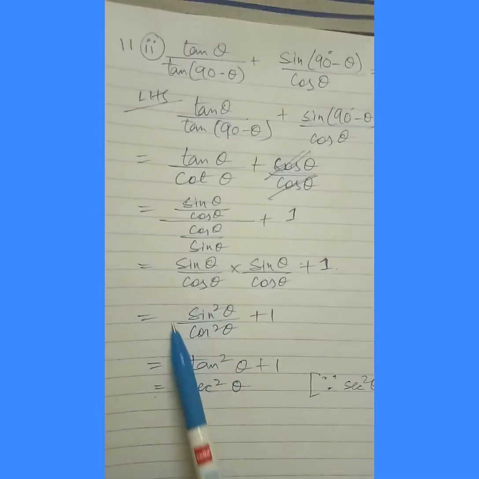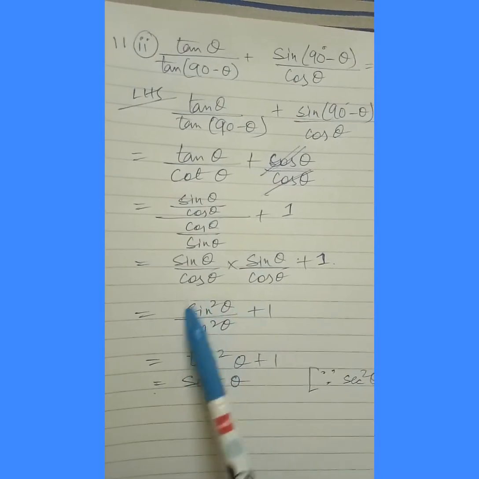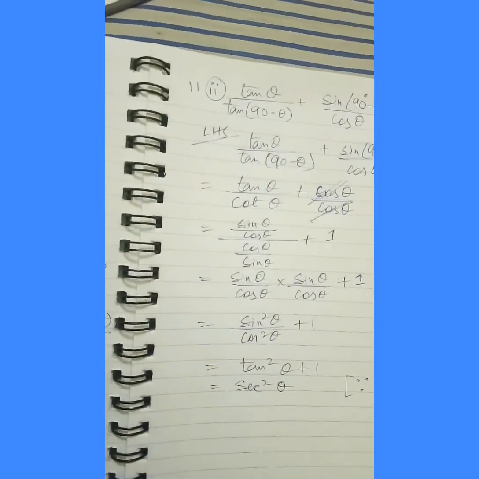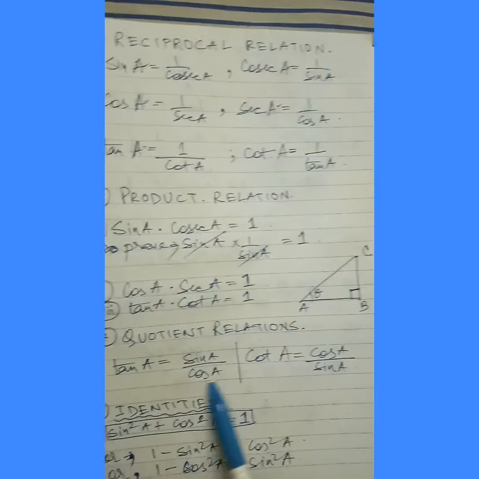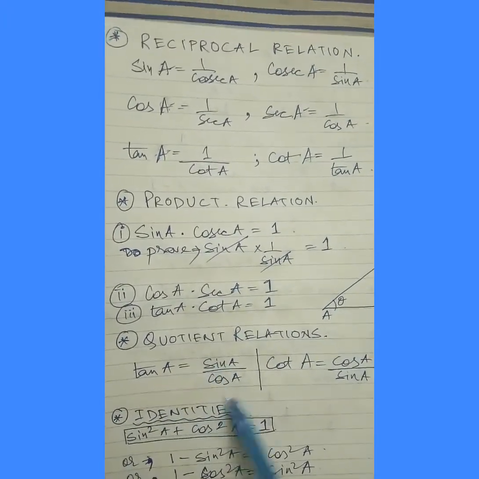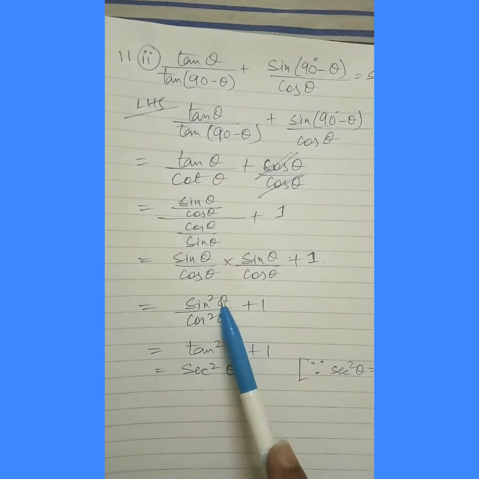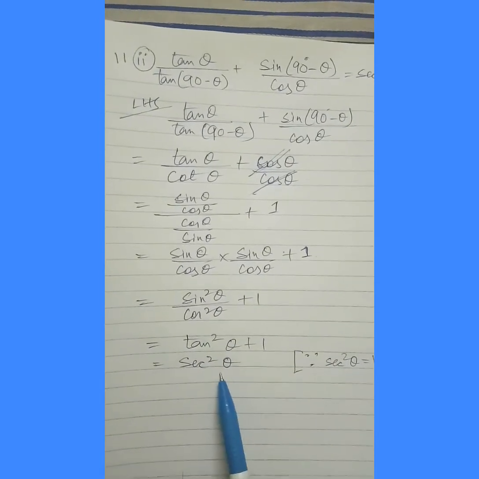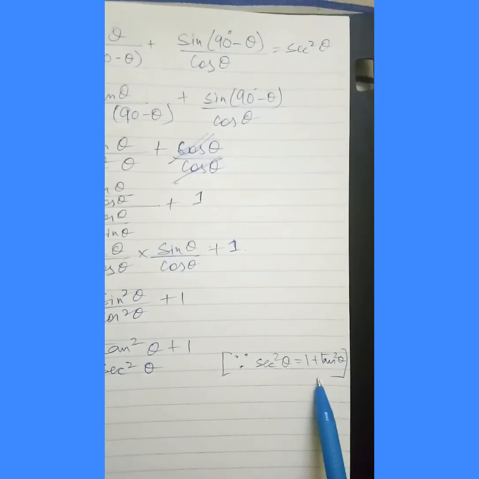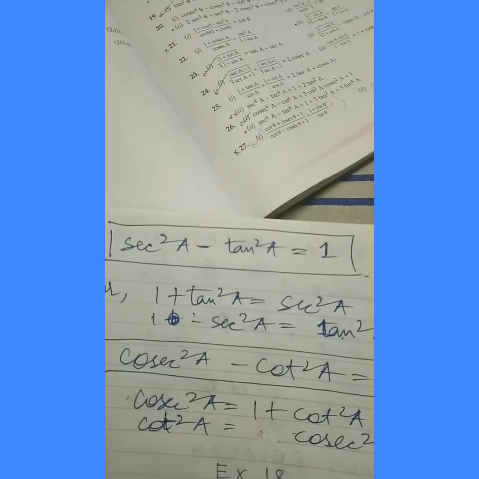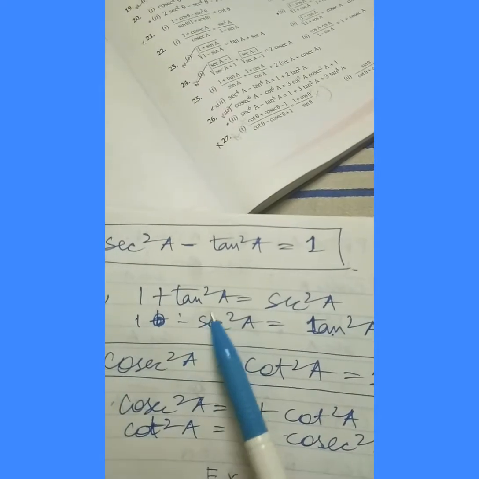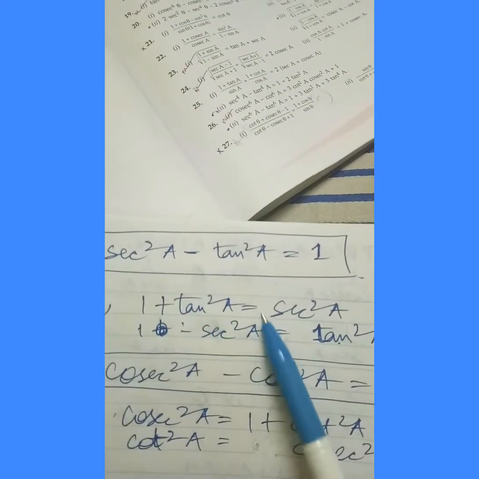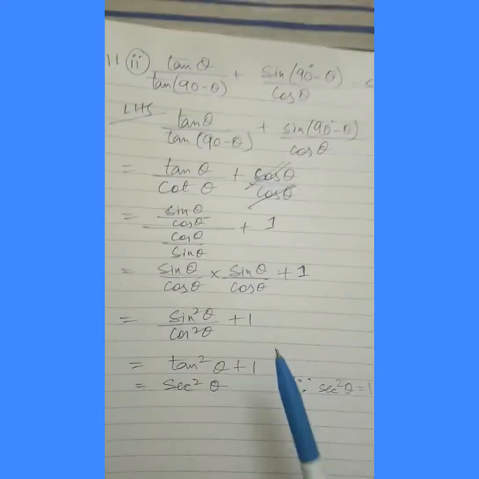Now just now we have done tan A equals sin A by cos A. The same thing is coming here also: sin theta by cos theta, if it is squared then we write tan² theta plus 1. Then tan² theta plus 1, what is the value? Sec² theta. We know that formula, just now we have done it: 1 plus tan² theta equals sec² theta. This is the degree, that is not the issue. Okay, I hope you have understood this part also.